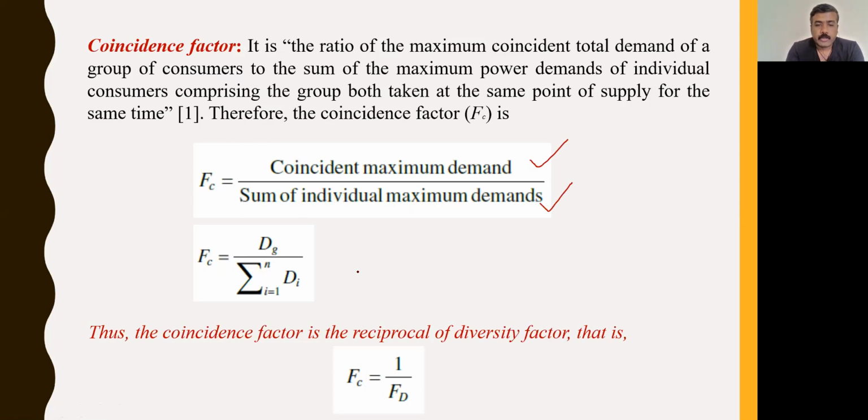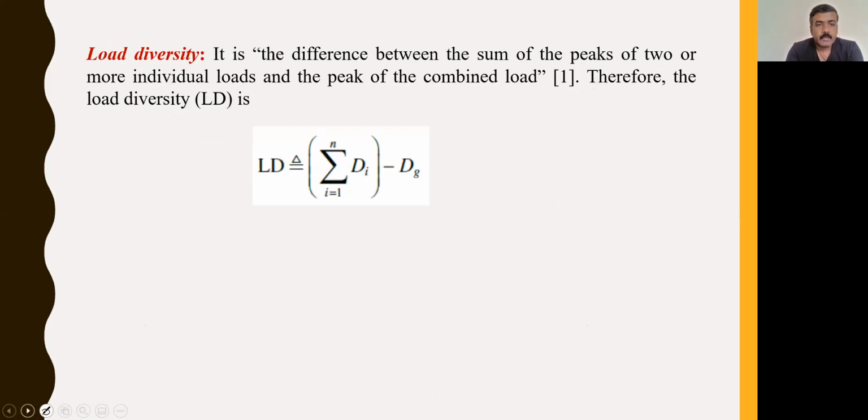If you obtain the expressions, it can be observed that this is simply the reciprocal of the diversity factor. And load diversity is expressed as the difference between the sum of the peaks of two or more individual loads and the coincident peak.